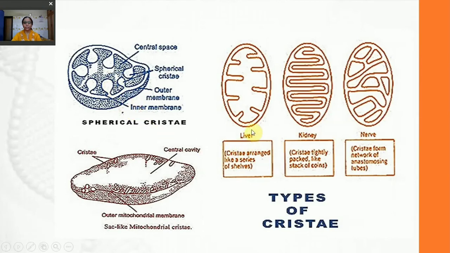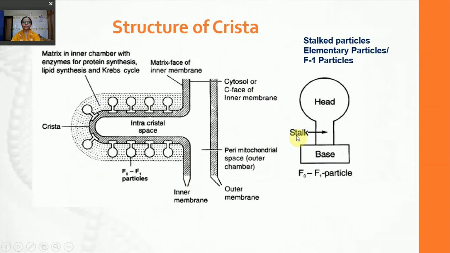In liver you can see cristae arranged in series. In kidneys you can see them like stacks of coins, and here you can see in the nerve cells a honeycomb type of cristae. Let us see the structure of crista.